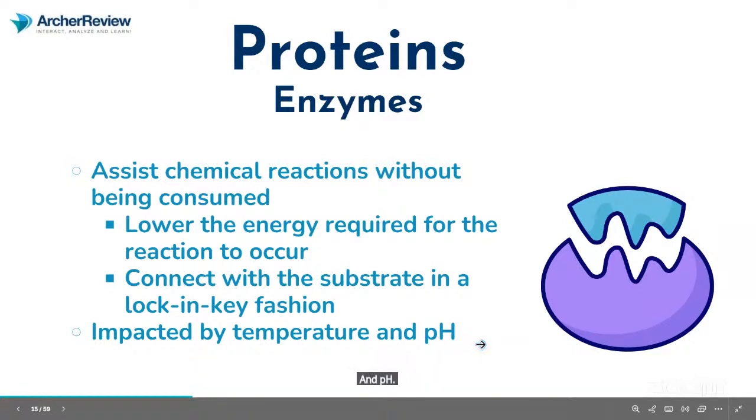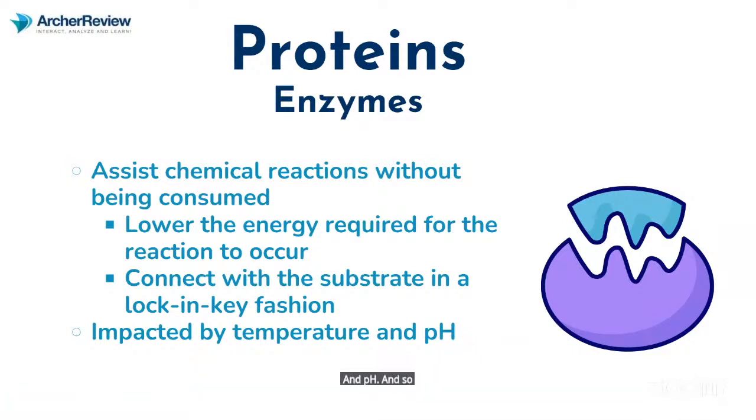And so if they end up in an environment that is too hot or too cold, they do something known as denature and change their shape, and then they don't work. If they end up in a pH that's too high or too low, same thing, they'll denature and then they don't work. Okay.